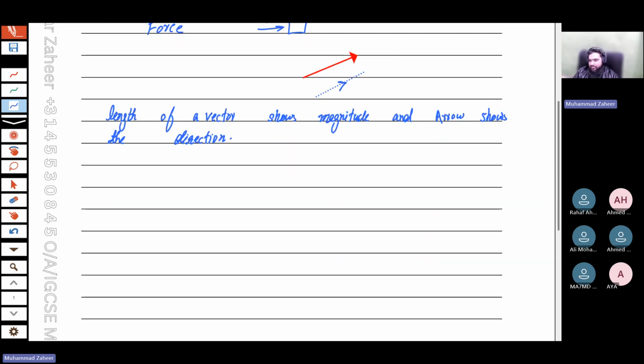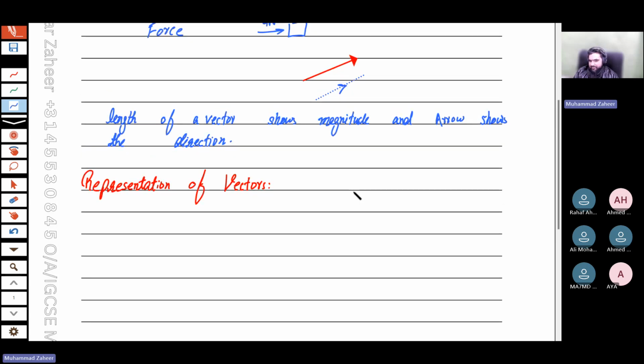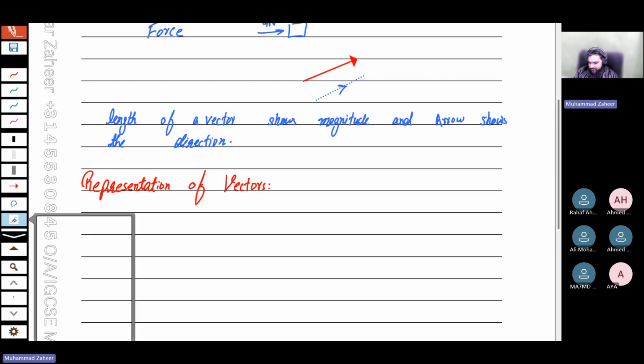Now, how are we going to show the vector? I already drew it. The second thing is the representation of vectors. For example, you draw a vector this way.